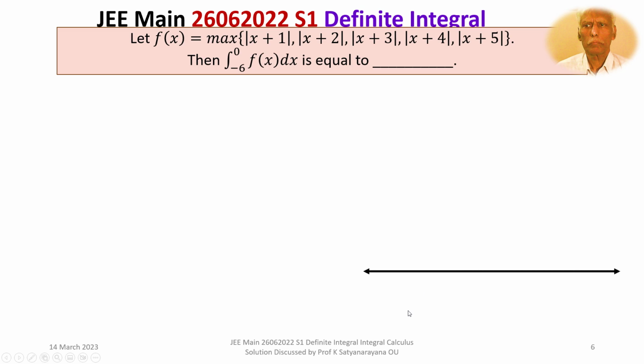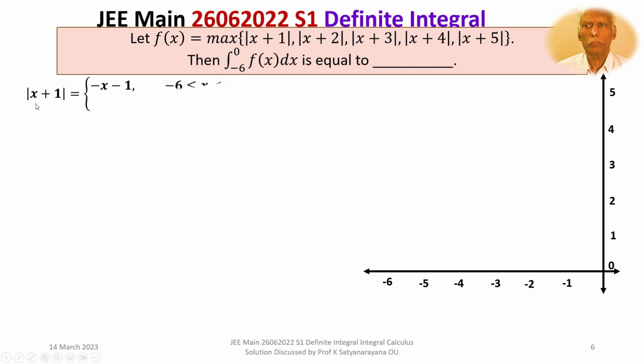This is our x-axis, from minus 6 to 0, and on the y-axis, 0 to 5. First of all, we take how mod of x plus 1 will be in the interval minus 6 to 0.